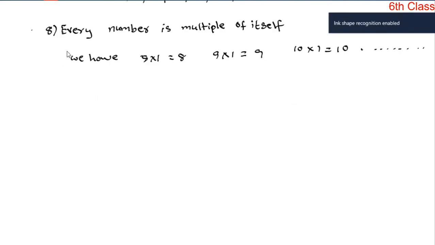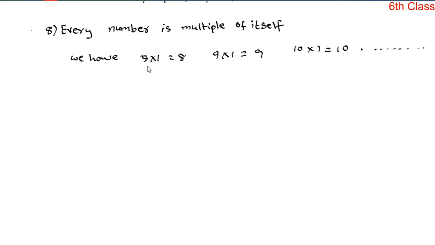Eighth property: every number is a multiple of itself. We have seen that 8 ones are 8, so 8 is a multiple of 8.